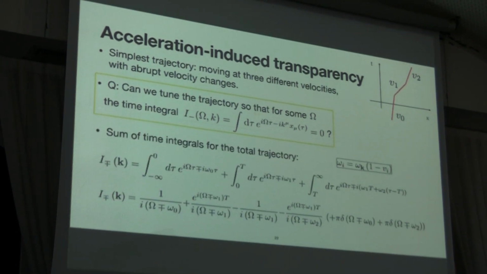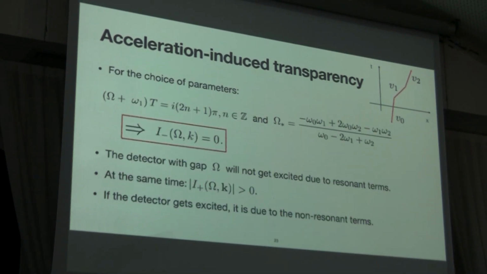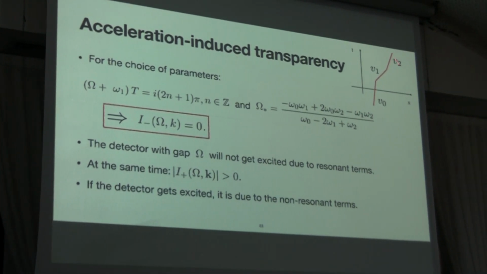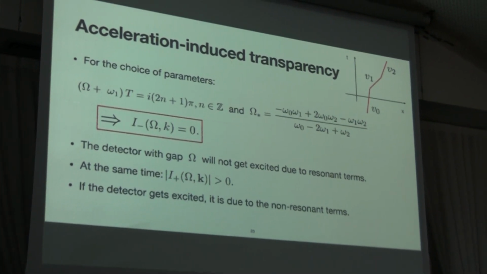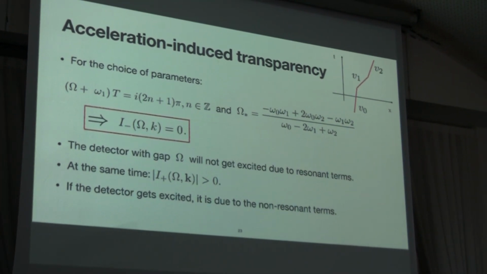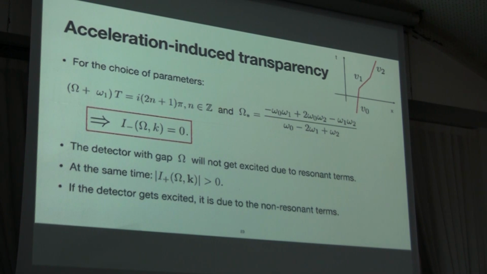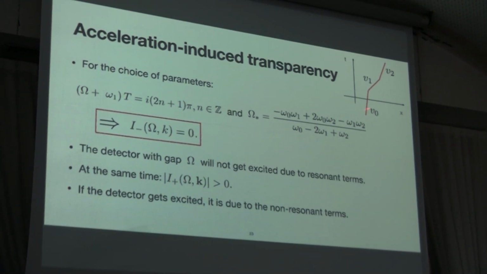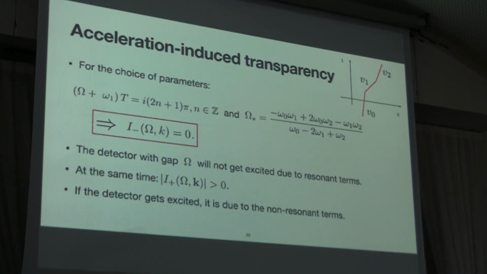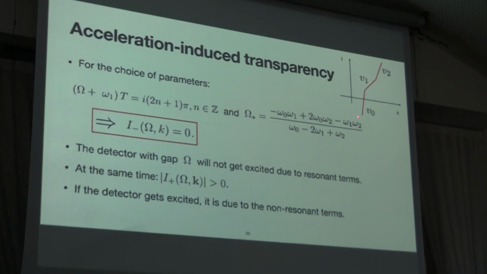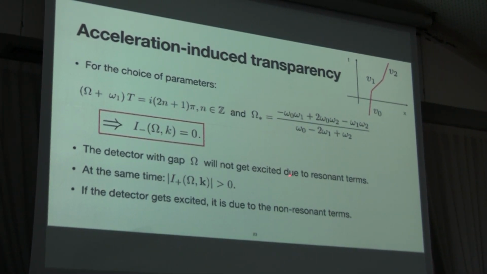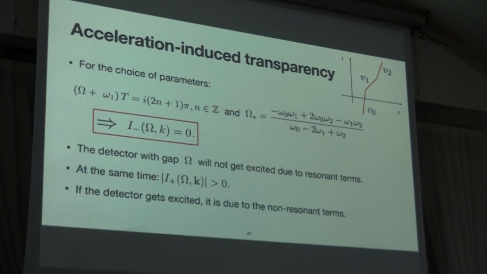And after some calculations, we don't have to go through them, you can show that indeed you can choose the parameters of this trajectory to be such that this integral goes to 0. And so the conclusion here is, if you choose an Unruh detector with an energy gap omega, and it moves on this trajectory, it will not get excited due to resonant terms.